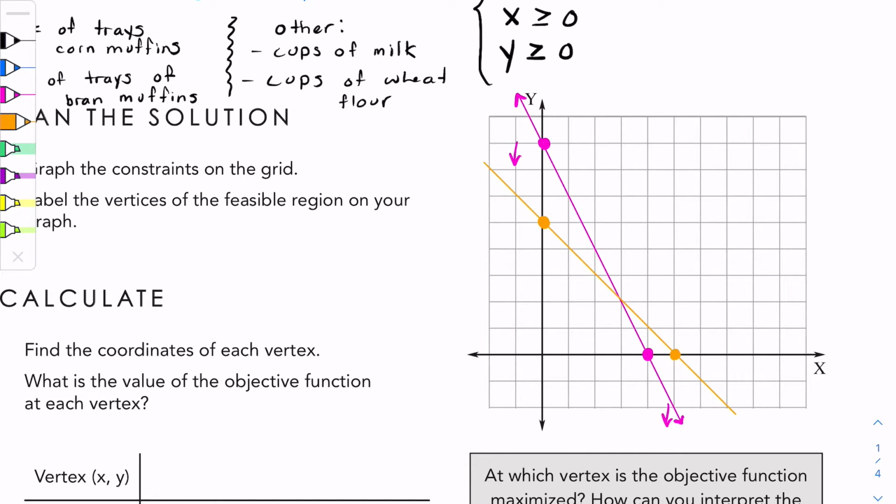All right, sorry about that. I just counted on my graph wrong. So anyways, here we go. That's the equations we have graphed so far.